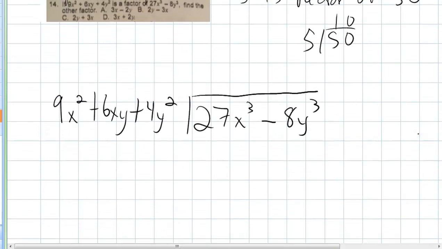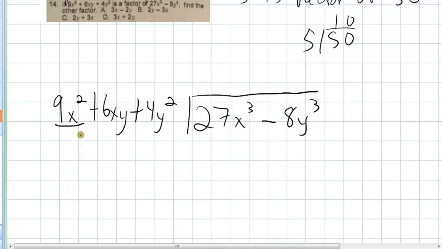Polynomial long division is a lot like long division that you would do without the variables. You follow the same process. It just looks a little more complicated because of the variables. So let's get started. You want to start by looking at the first term.